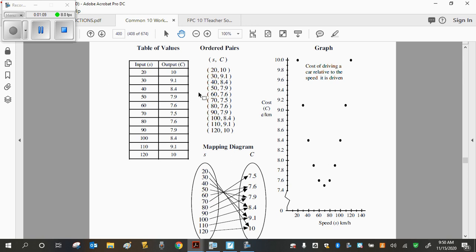But you can see that the point 20 to 10 is the same thing as this point, 2010. And they're just represented differently, one in the table, one as an ordered pair. You can see in this mapping diagram, 20 goes to 10. And in this graph, you go 20 to the right and 10 up, and it's the same point.